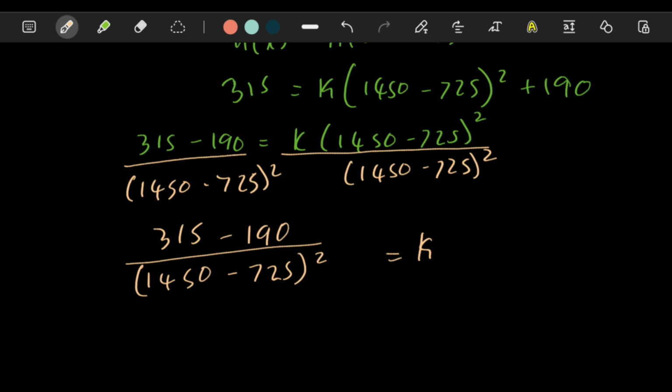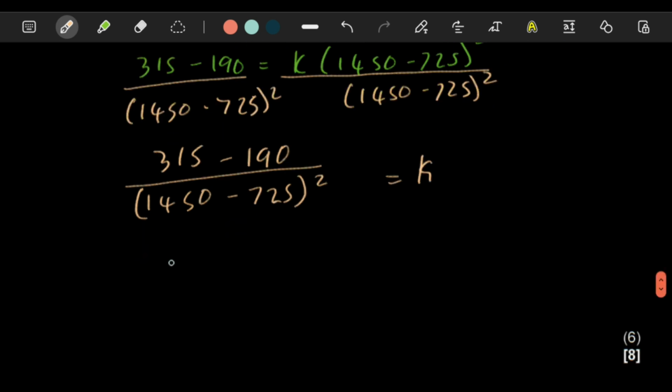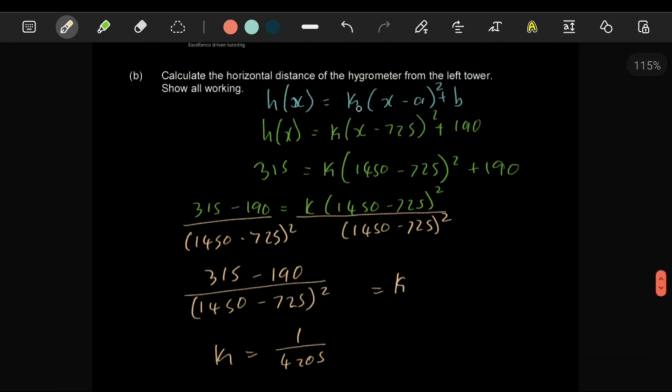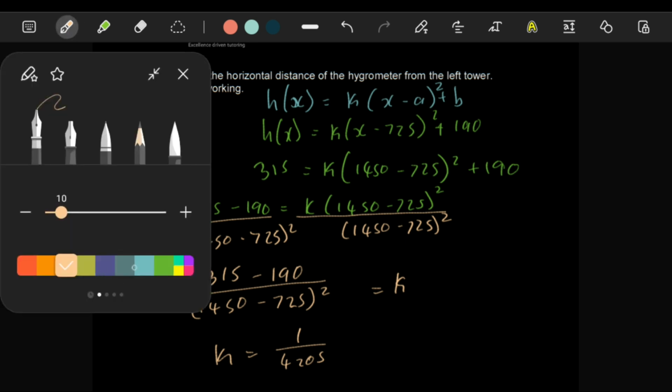So let's see here in the calculator, my value of k comes out as 1 over 4205. K is equal to 1 over 4205. So now we have a k value. We can throw that in there, and then we can throw in a y value of 210 and work out x.